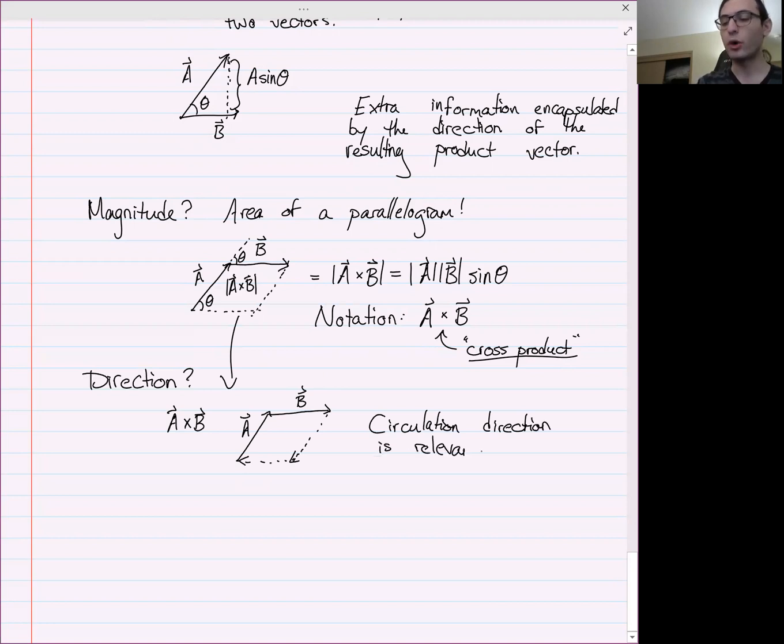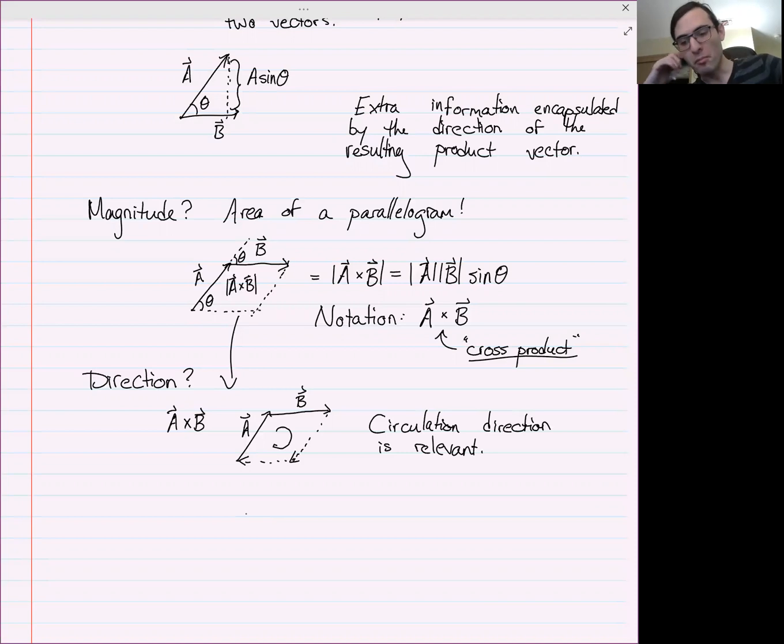Right, because, for example, you now have to think a little bit in 3D. If in this picture this circulation is counterclockwise in the page, right? But if instead A was pointing into the page, if we rotated this whole picture by 90 degrees, the circulation would not be in the page, it would be into and out of the page in a certain clockwise direction viewed from above.